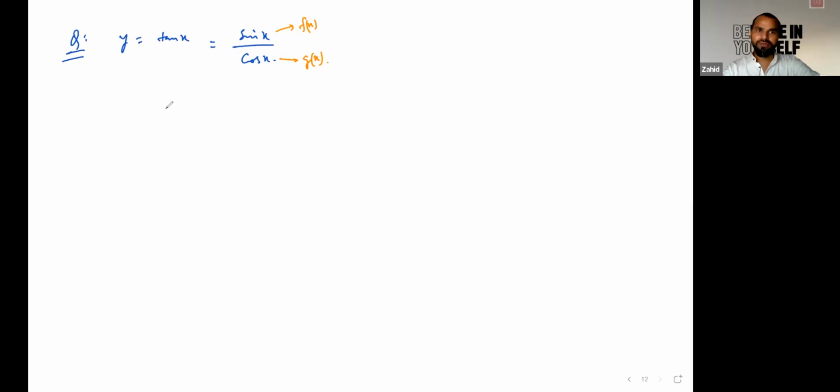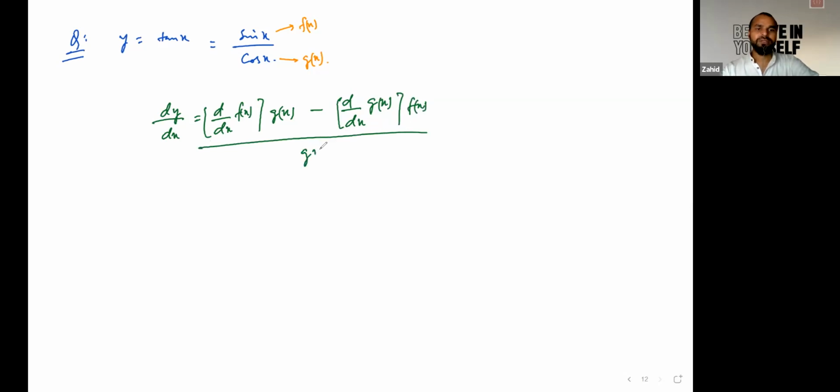Suppose in this term we have the quotient rule, so we can write dy/dx is equal to the differentiation of the first function fx times the denominator minus the differentiation of the denominator multiplied by the numerator, whole divided by the square of the denominator. Now put the values of fx and gx in their respective positions and try to solve.